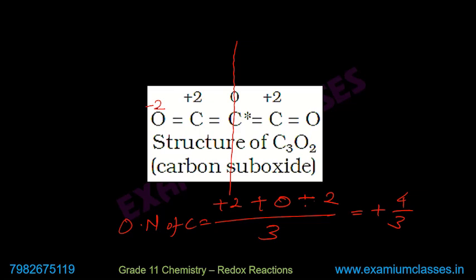It means oxygen will have oxidation state -2. Oxygen has different oxidation states only if it is attached with fluorine, or it is peroxide, or superoxide. So to balance this -2, this carbon must have +2.